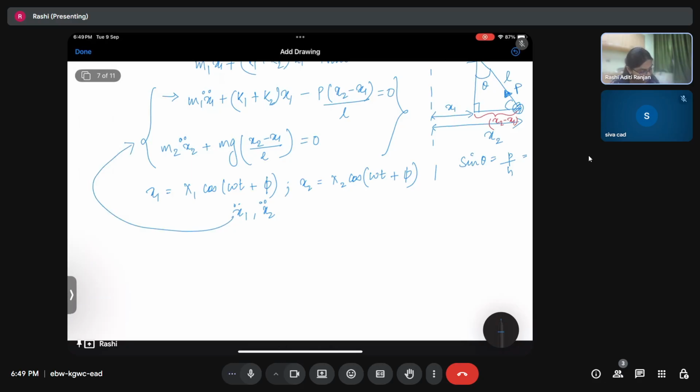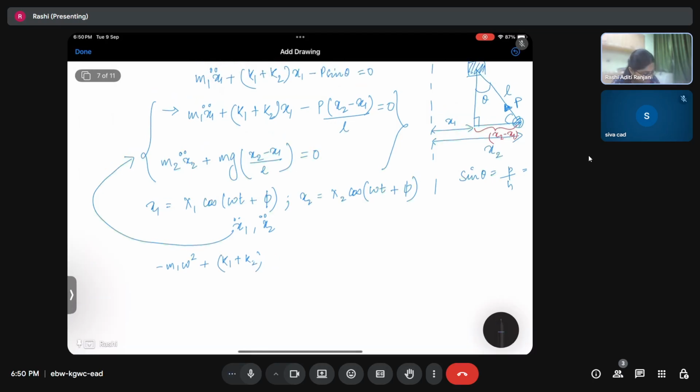We get minus m1 omega square plus k1 plus k2, plus, see what is P? P is essentially nothing but mg into cos theta, and since we are assuming theta is small, cos theta is going to be 1.